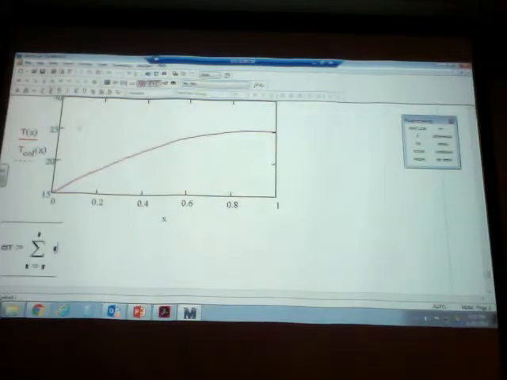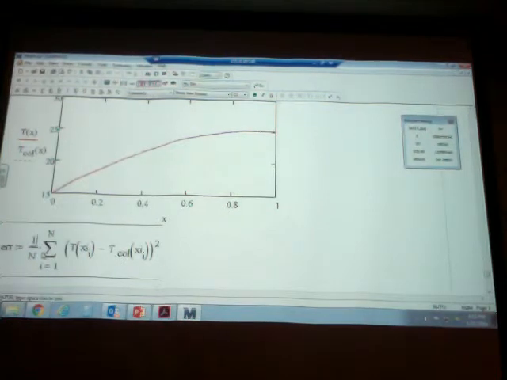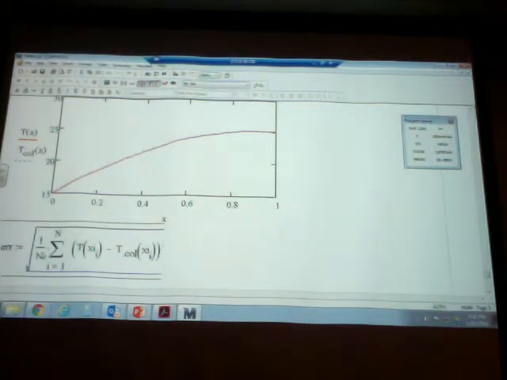Let's say summation over all the collocation points of the temperature evaluated at the ith collocation point minus the collocation temperature evaluated at the ith collocation point squared. And I'm going to pre-multiply this times 1 over n. I'm going to take the square root of these, and that is the standard deviation between the two solutions.